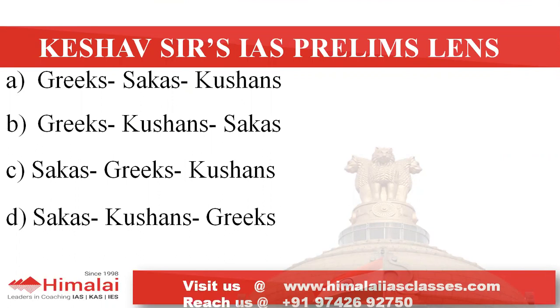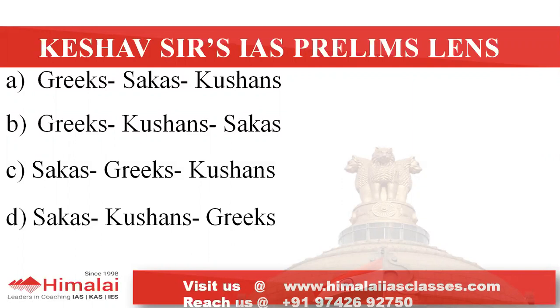In around 200 BC, these Greeks declared their independence from the Greek kingdom and started to rule independently. They were known to us as Indo-Greek kingdoms or else Bactrians. Their rule started from around 200 BC.